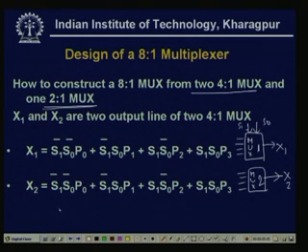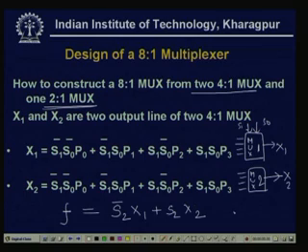Now the final output of the 8 to 1 multiplexer will be that F equal to, say I am taking another select line S2 bar x1 plus S2 x2, that means another 2 to 1 multiplexer.